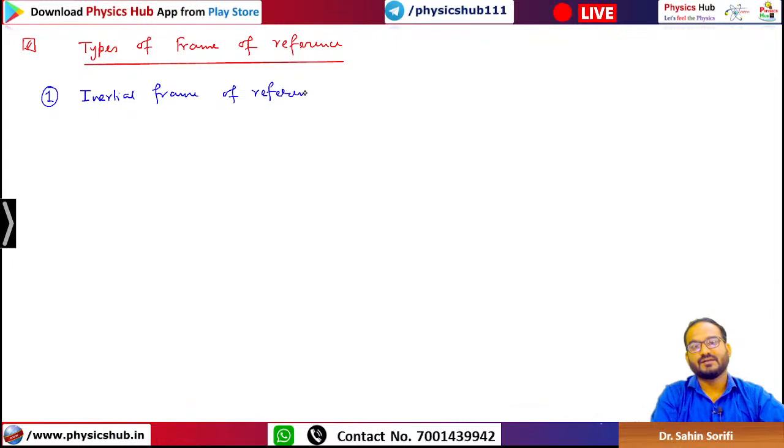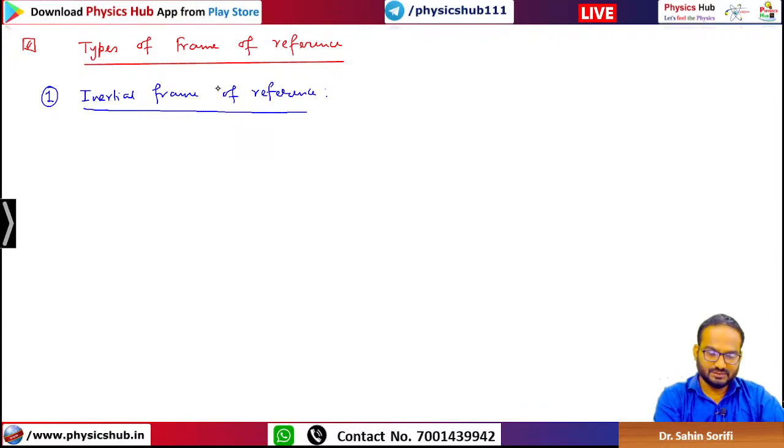Anyone has any idea? Look, inertial frame of reference, if you want to define, you need at least two frames. The inertial frames of reference are those frames which are at rest or moving with constant velocity with respect to each other.